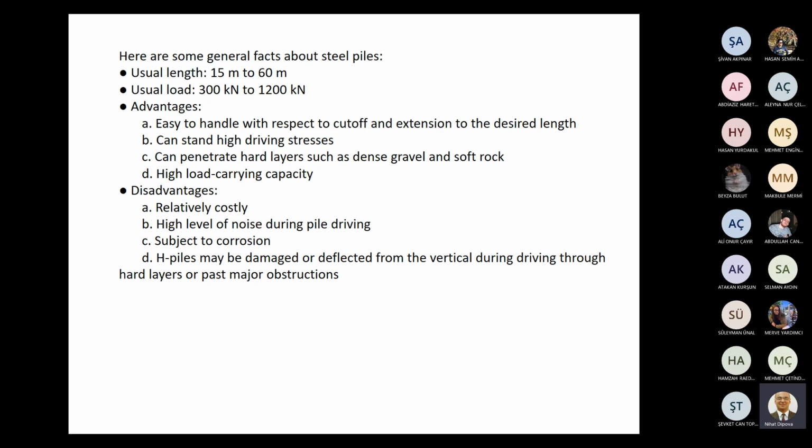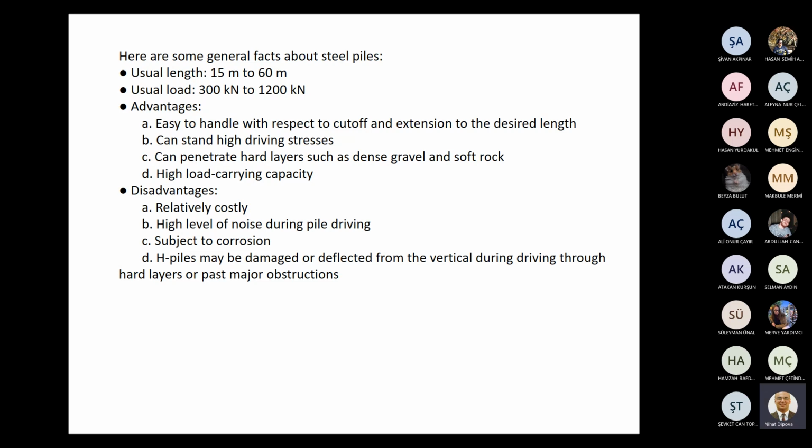Here are some general facts about steel piles. Length of steel piles ranges between 15 to 60 meters, and usual loads range between 300 to 1,200 kilonewtons. Of course, we have some advantages and disadvantages of using steel piles.